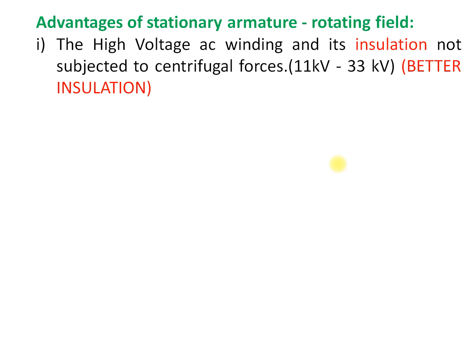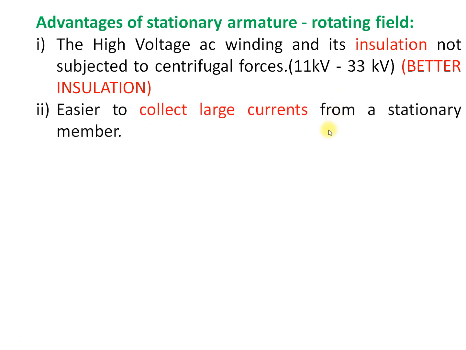So we can have better insulation over the AC windings, because they are going to be high voltage in nature, from 11 kV to 33 kV. It is also easier to collect the larger current from the stationary members.